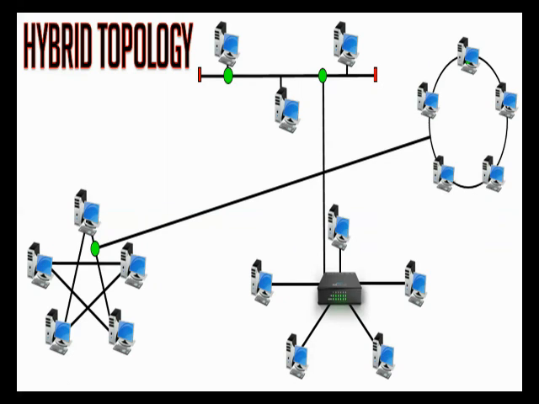For example, if in an office in one department a ring topology is used and in another a star topology is used, connecting these topologies will result in a hybrid topology.